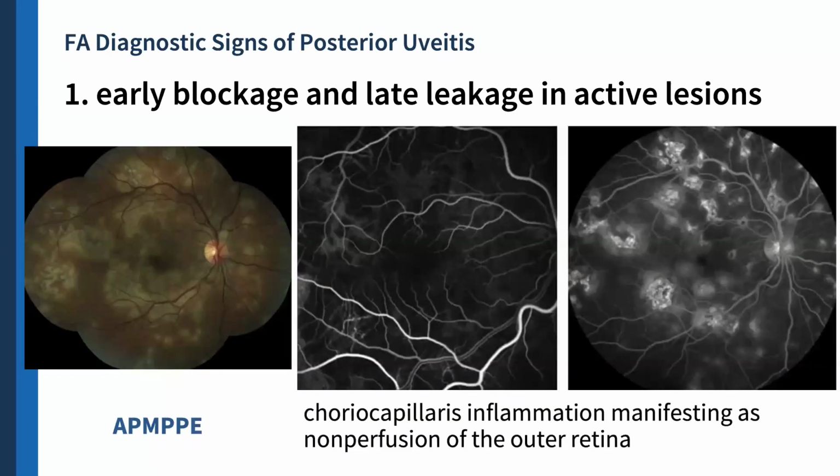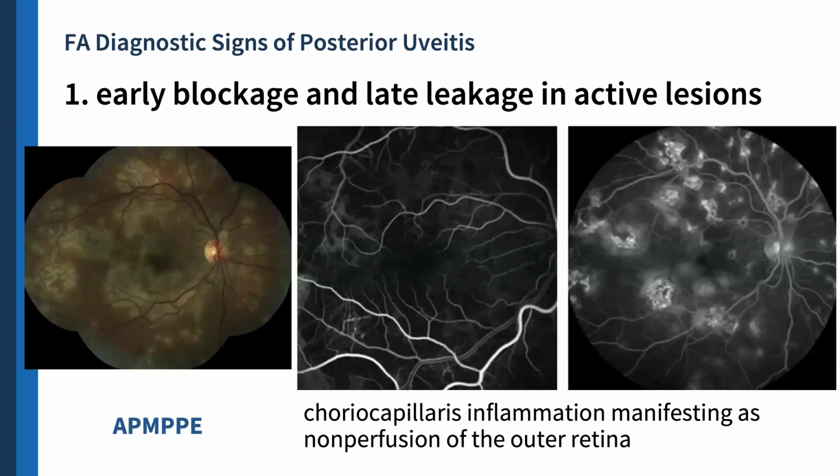So this is a case of AMPPE, acute posterior multifocal placoid pigment epitheliopathy. The reason this pattern occurs is because there's choriocapillaris inflammation, so that's inflammation in the choroid that manifests as non-perfusion of the outer retina. That's why at first it is hypo.